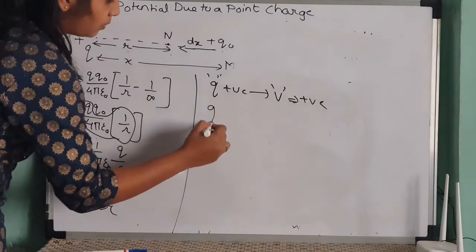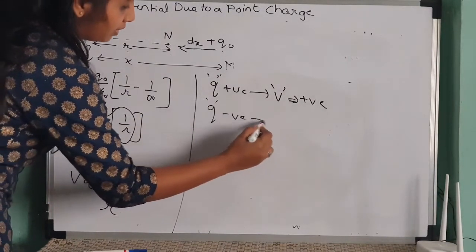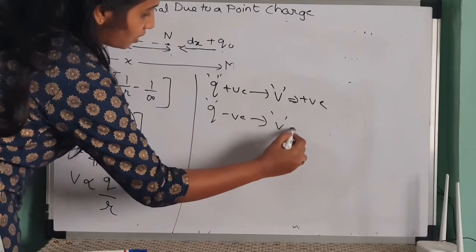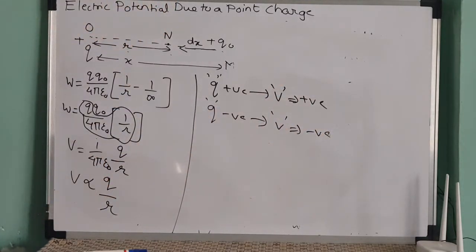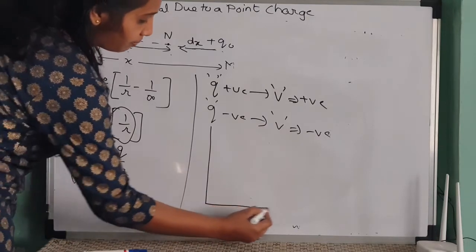If your Q charge is negative, then your electric potential value will be negative, because they are directly proportional. Then we talk about the distance, because they are inversely proportional. As I go on increasing the distance, my potential will definitely go on decreasing, because they are inversely proportional.